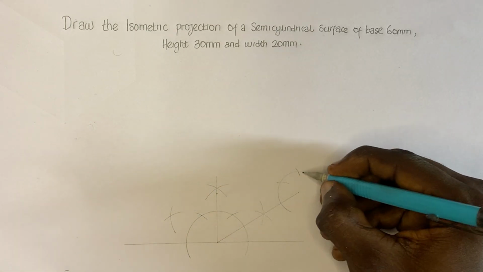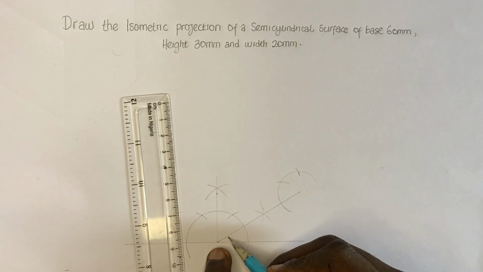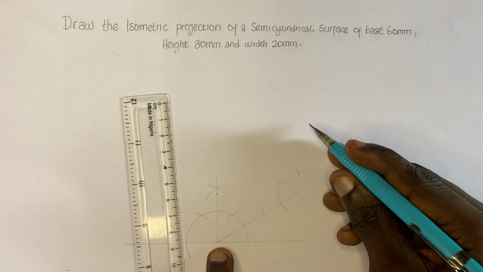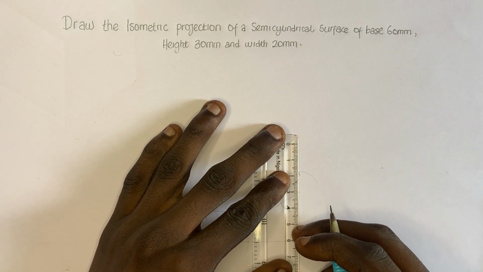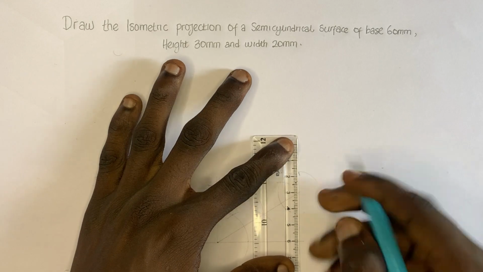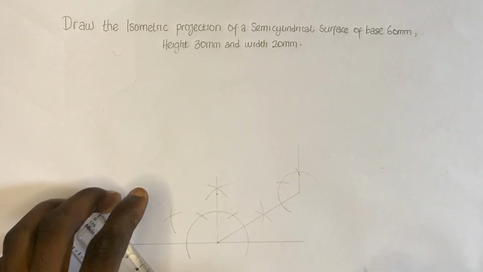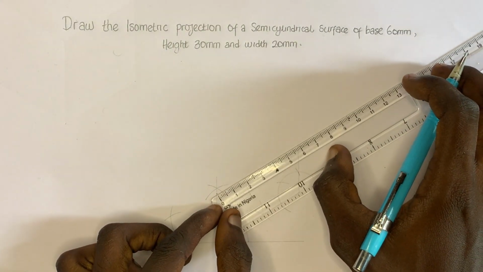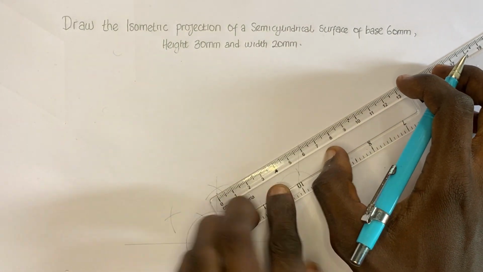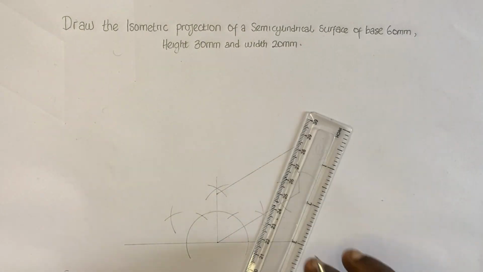Now this part is 120 degrees, because 120 minus 30 degrees here gives us 90 upwards. So let's take that upwards 30 millimeters. Then we can join this point to this point, light, since that is not our focus.